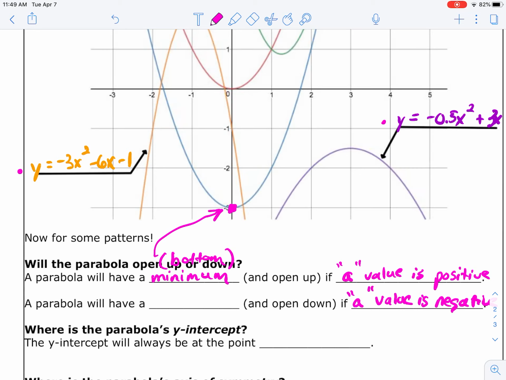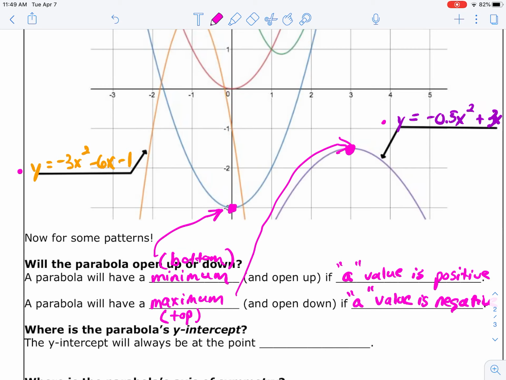Notice that's the lowest point on the graph. Versus if it's upside down, then it will have a maximum, kind of like a top value. So like, for instance, this one right here, since it's flipped upside down, there is a maximum value that it will reach.